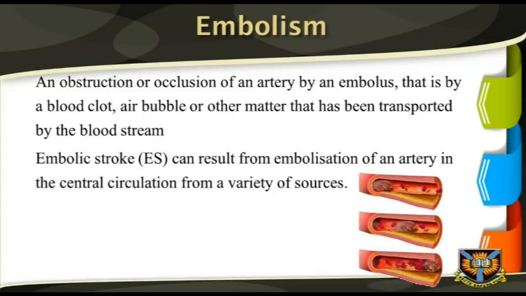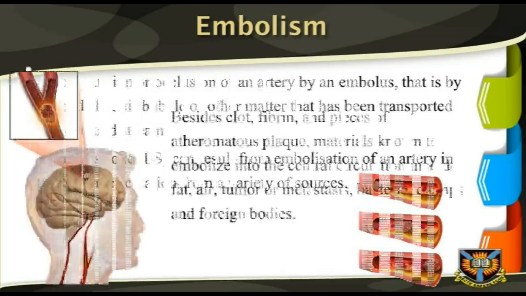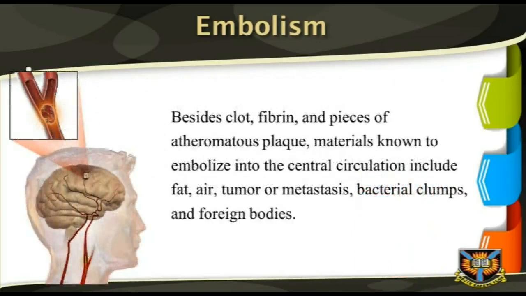Embolism. Embolic stroke (ES) can result from embolization of an artery in the central circulation from a variety of sources. Besides clots, fibrin, and pieces of atheromatous plaque, materials known to embolize into the central circulatory system include fat, air, tumor or metastasis, bacterial clumps, and foreign bodies.